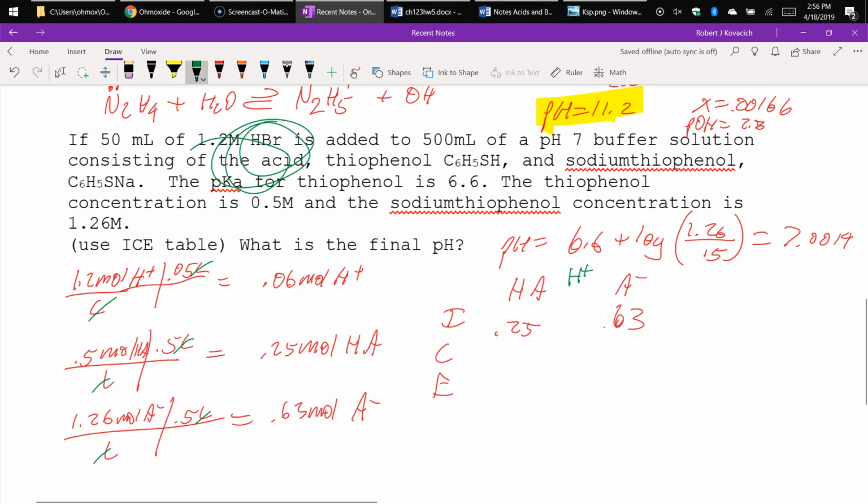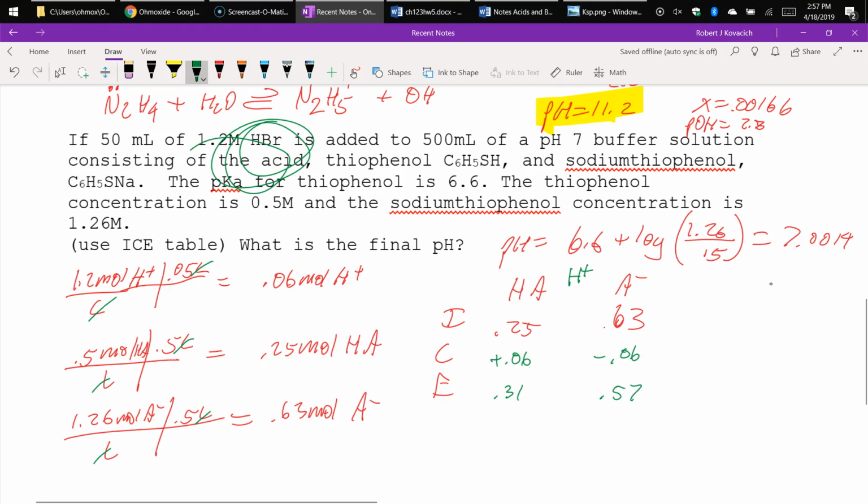So what's the H plus going to react with? An HA or an A negative? The anion, because they're opposite charges. So that means I'm going to end up losing 0.06 moles of the anion, and it's going to turn into 0.06 moles of the acid. So I'll end up with 0.31 here, and I'll end up with 0.57 here.